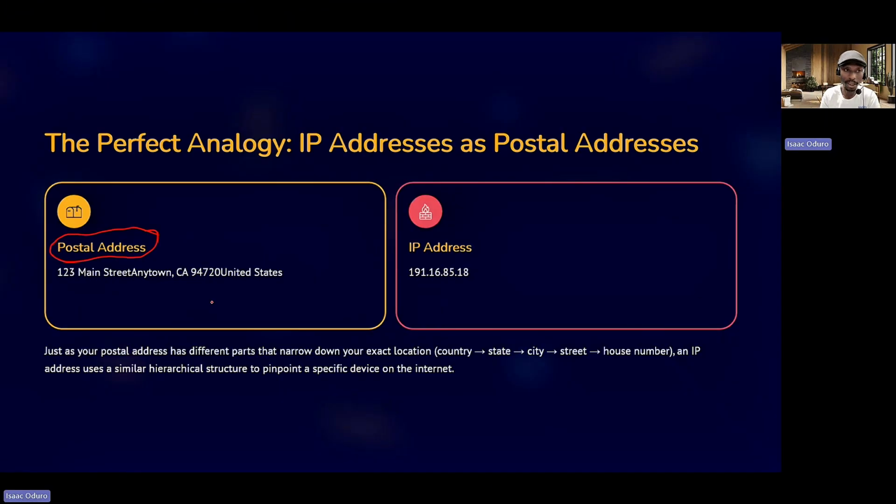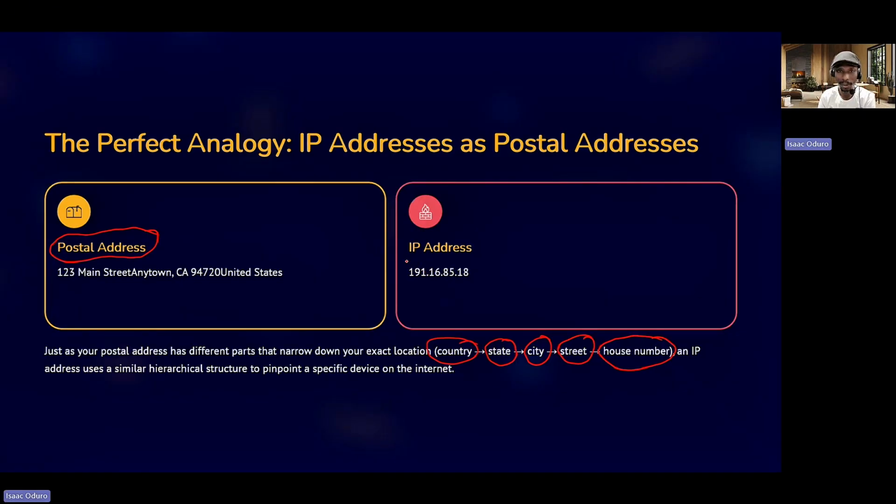If you take your postal address, we have the country, the state, the city, the street, and then the house number. That is how we write our postal address. The same thing applies to IP addresses.